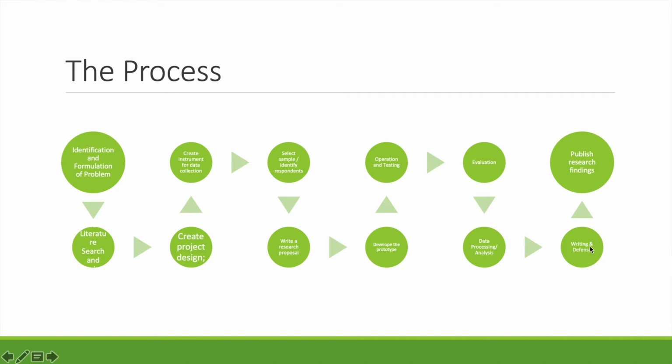Writing and defense. We present that. We write chapter 1, 2, 3, 4, 5. We defend that with our panels. And then after that, we publish our research findings on different journals. Okay? You might not understand yet what these processes are, but allow me to present to you each process.